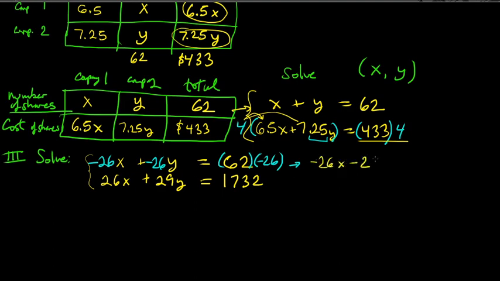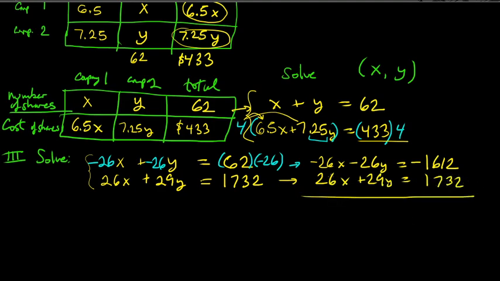So negative 26x, negative 26y equals 62 times negative 26, which is negative 1,612. And we can leave the bottom equation alone because we're trying to eliminate x here. So just add the two equations.